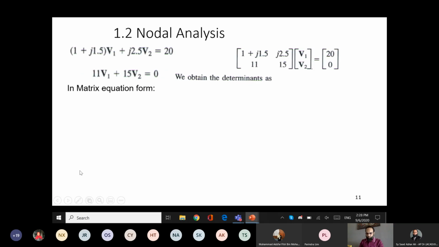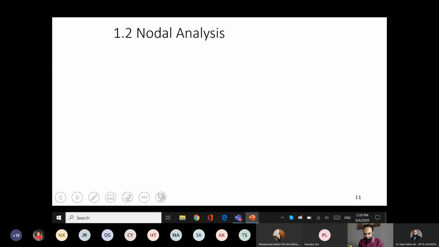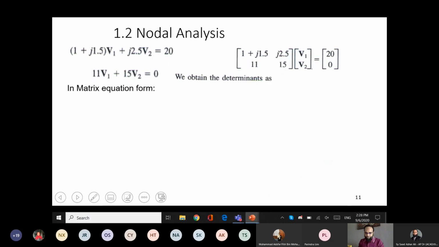So we have equation 1 and equation 2 in matrix form.